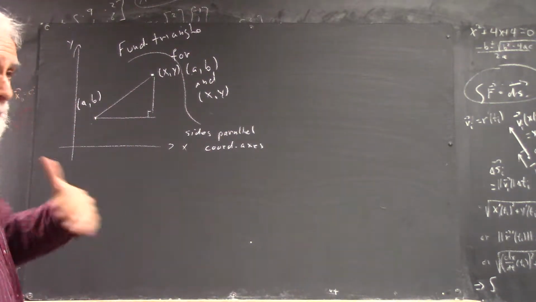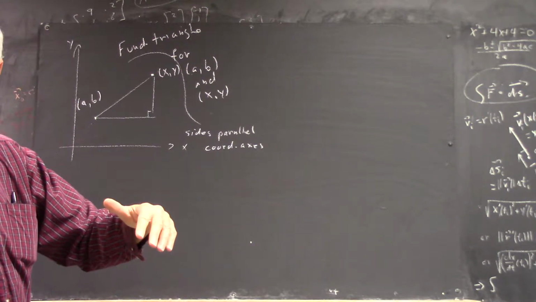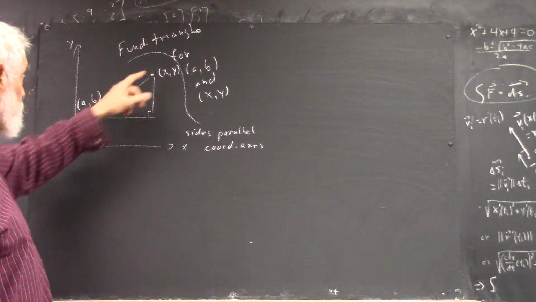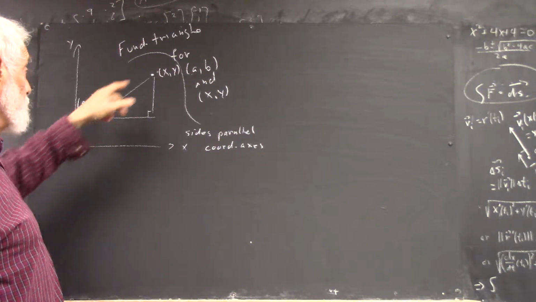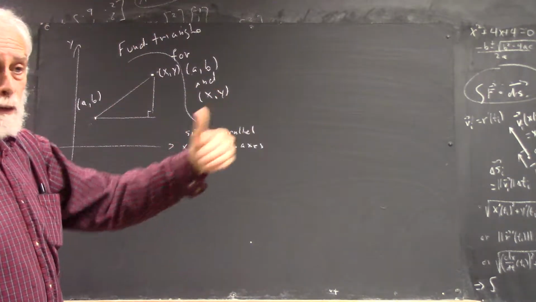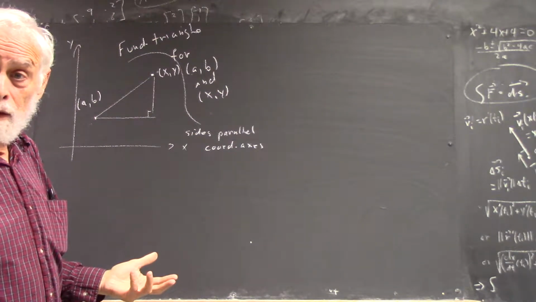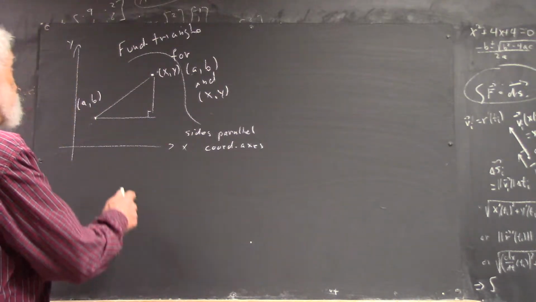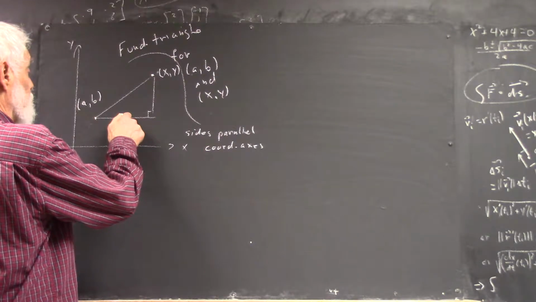Now, I said you have to choose a direction, okay? Do you want to go from here to here or here to here? We'll go from here to here. And usually we'll go left to right. But if we want to go right to left, that's okay. We're going to end up with the same slope, and everything else will be the same.